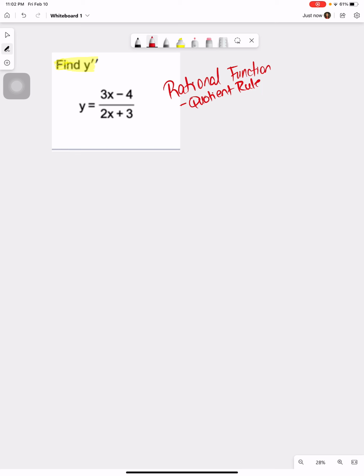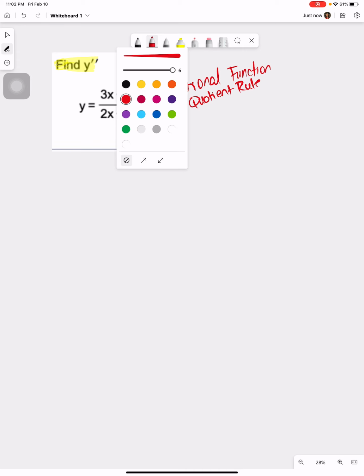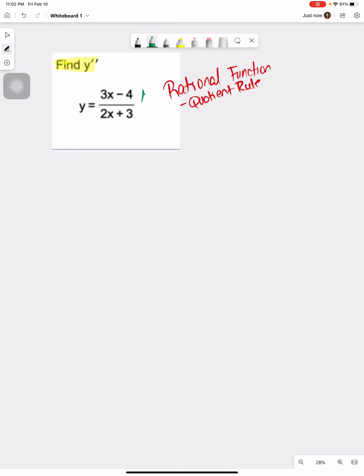And just as a reminder, if I label the numerator as n of x and the denominator as d of x, then we find the derivative by multiplying d of x, the bottom, times the derivative of the top, n prime of x.